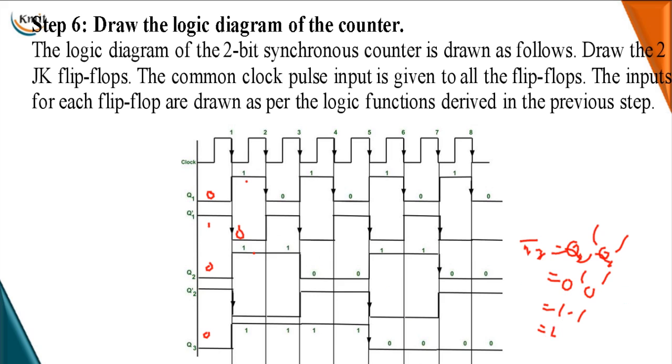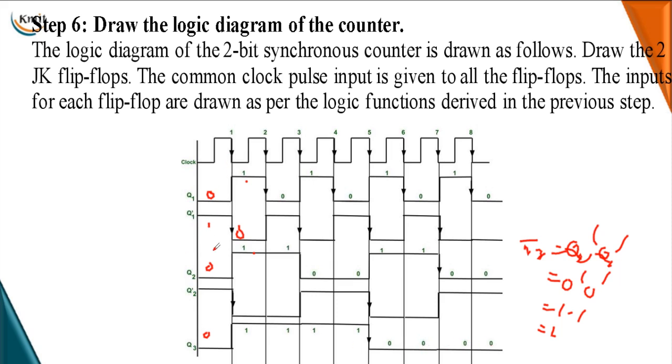So at that instant only, it will toggle to the next level with a 0. Till then it will maintain the same state. So 1 1 are my states before toggling. Again after the fifth clock pulse, you obtain a state where Q1 bar is going on a negative edge and Q2 bar is also on a negative edge. At that state, your present state of 1 is toggled to the 0 state.